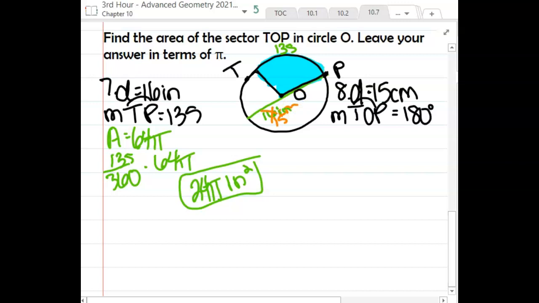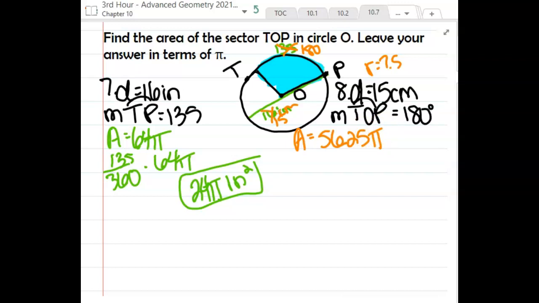And it says the measure of arc TOP, can be bigger than that, it's going to be 180. So if I find the area, we first need to find the radius. When you say 15 divided by 2, you get 7.5 for the radius. Plug that in and square it. 7.5 squared gives you 56.25 pi. So my area would be 56.25 pi.